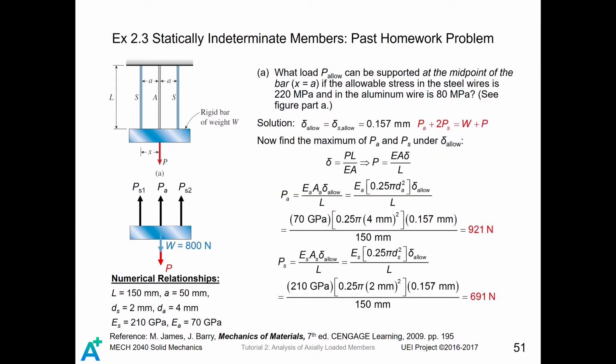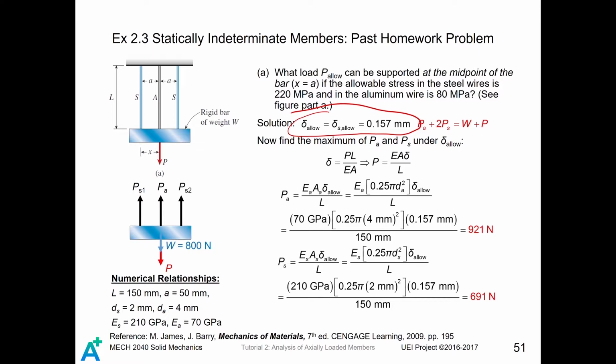Let's find the maximum allowable load for each wire according to those two pieces of information we found in the previous slide. As we know, the allowable change of length, the allowable deformation, is set to be 0.157 millimeters. It is the allowable deformation of steel.